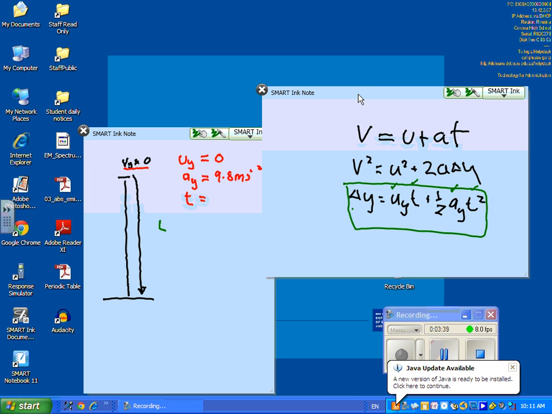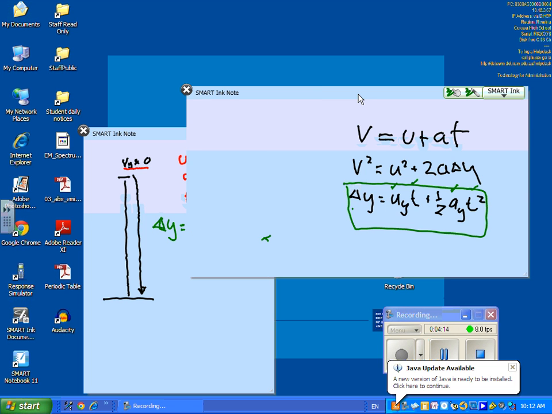So if time equals 5.2, then delta Y is going to equal 0 times T, because Uy is 0, so the first term is just 0, plus 1/2 times g, 9.8, times the time squared.